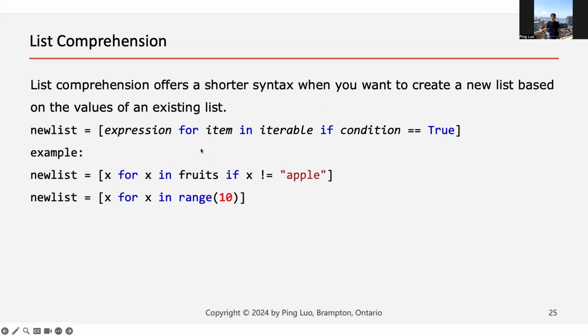For example, we create a new list with x for x in fruits if x is not apple. I have a list called fruits with all the other kinds of fruits, and as long as that element is not equal to apple, I will put it into this new list.